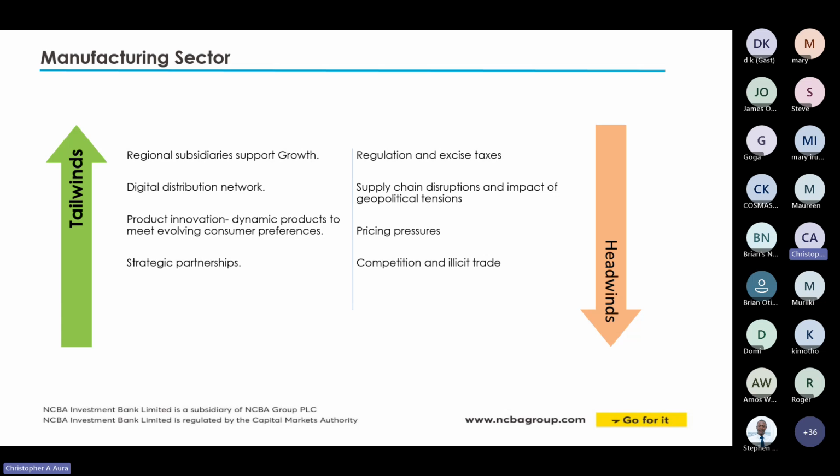Also, competition and illicit trade. Illicit trade has been a major issue, and for the tobacco sector it covers around 30%. So these are products that are not brought to the country legally.